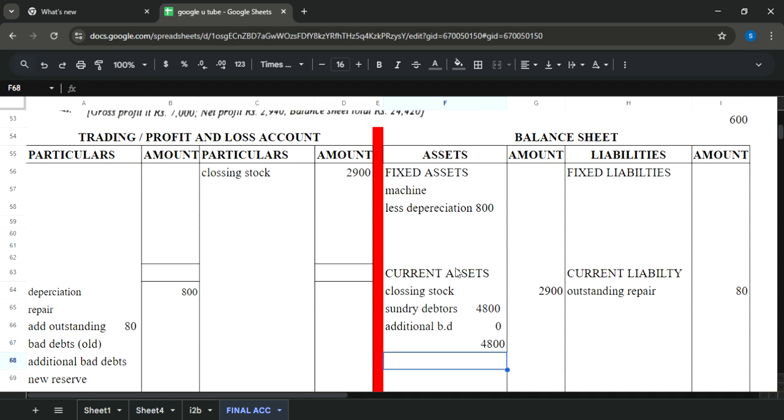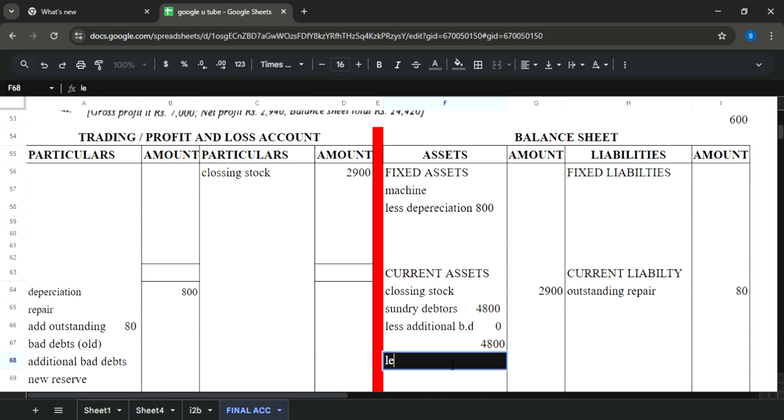Look, sundry debtors, and you will subtract additional bad debts which are not present in your question. Please note it down. Sundry debtor amount we have taken from the trial balance, then additional bad debts were supposed to be subtracted. In the question, these additional bad debts were not present, so for the time being we have put 0. When you subtract 0 from debtors, you will get the same amount.